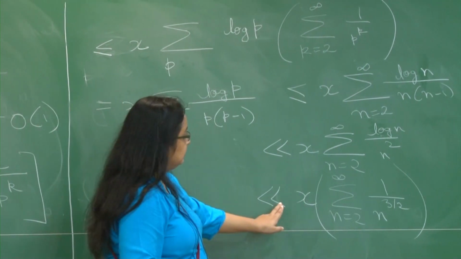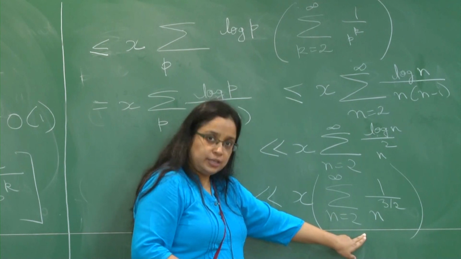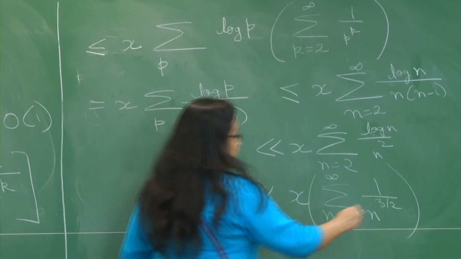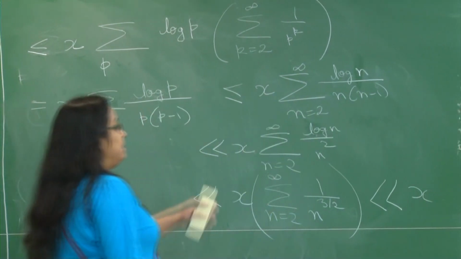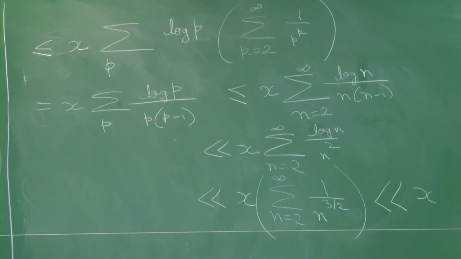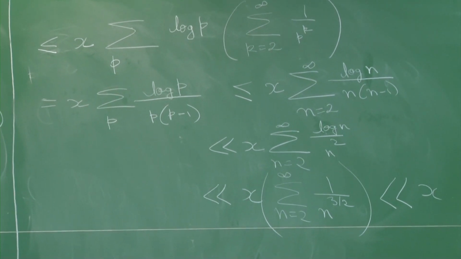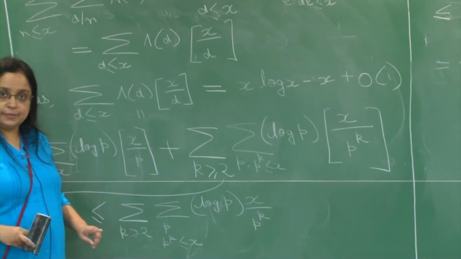So, this is certainly less than x times an absolute positive constant, and so this is just big O of x. So, all this work basically just shows that the second term here is just O of x.